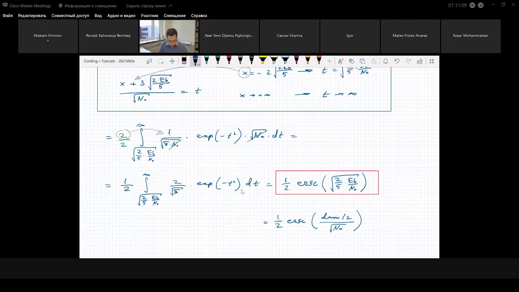Next, we're going to find the symbol error rate in general, regardless of which pair of symbols we consider, and then we find the probability of bit error.